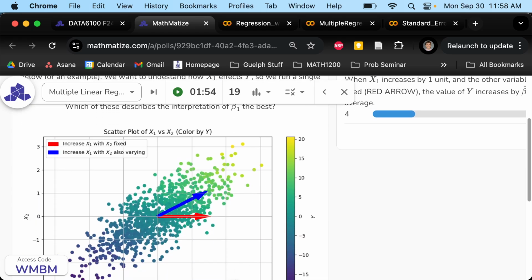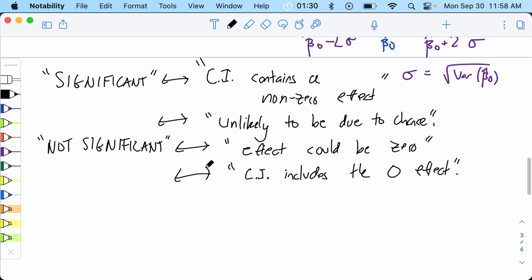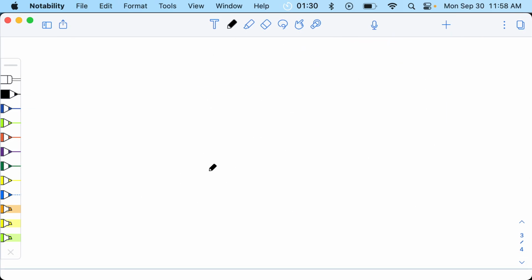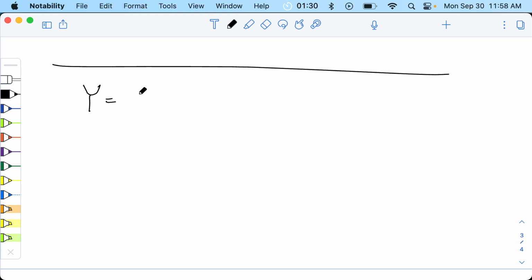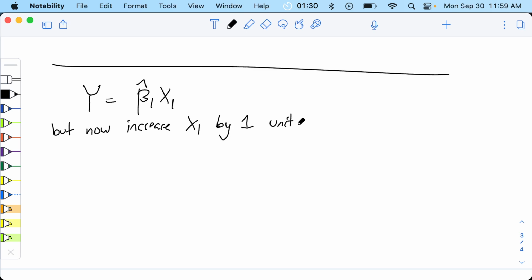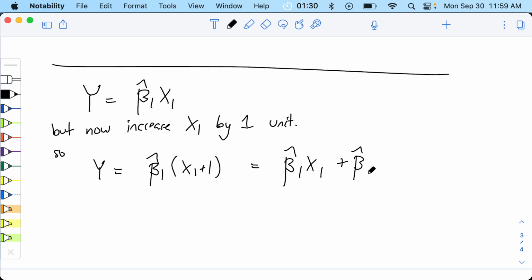Here is my thinking. So we have the equation y equals beta hat 1 x1. Okay. But now increase x1 by 1 unit. So y equals beta hat 1 times x1 plus 1, which is beta hat 1 x1 plus beta hat 1.